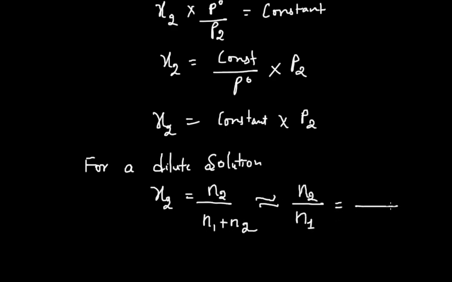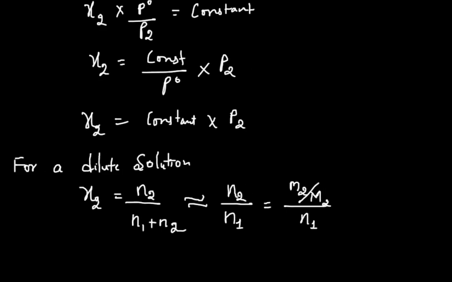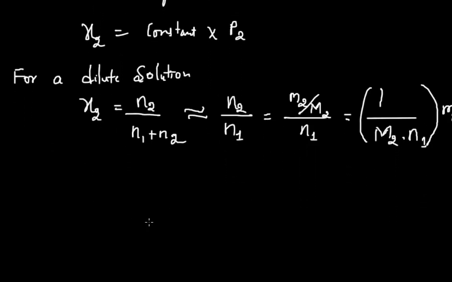What is n2? n2 is the mass of 2 divided by its molecular mass. And n1, this I can write as 1 divided by M2 into n1 into m2.